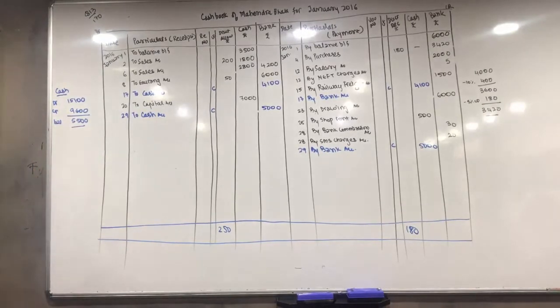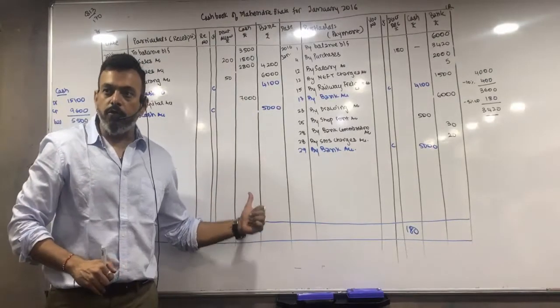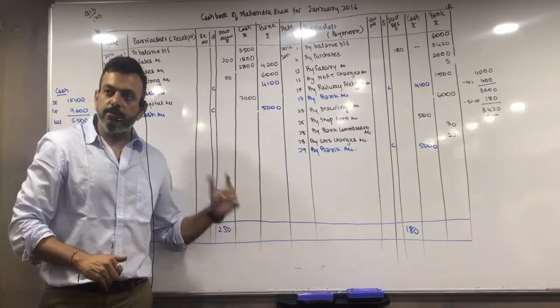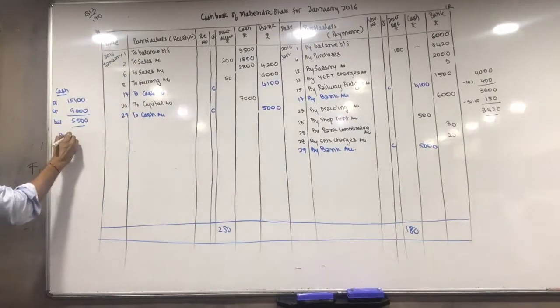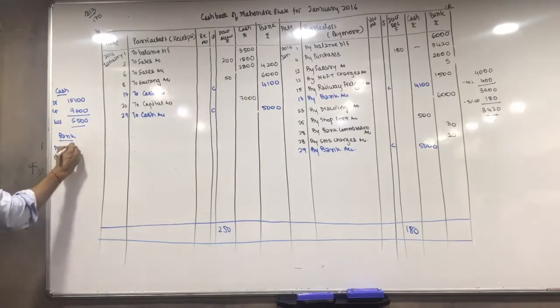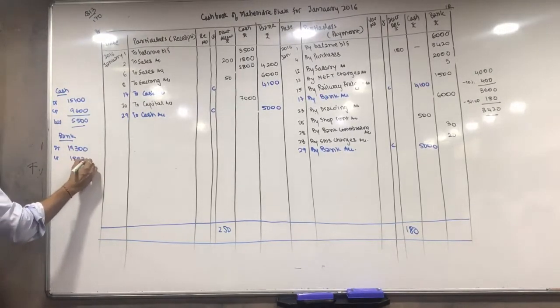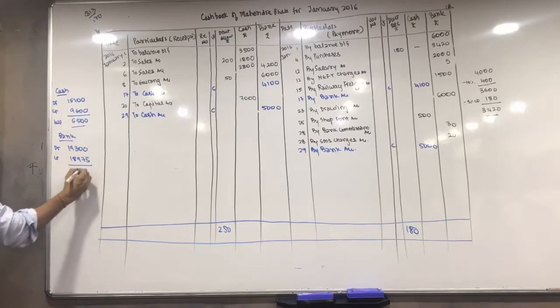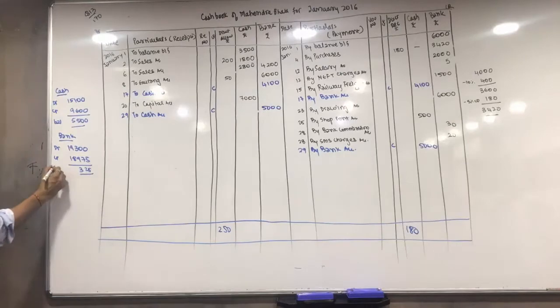Cash will always be positive because you cannot spend more than what you have. So for cash, remember, debit side will always be more. If debit side is not more, then you have made some mistake. Okay, but bank can be anything. Be careful about bank. It can be debit, it can be credit. 19,300, 18,975. Both positive. 325. That's right. So both are positive balances.